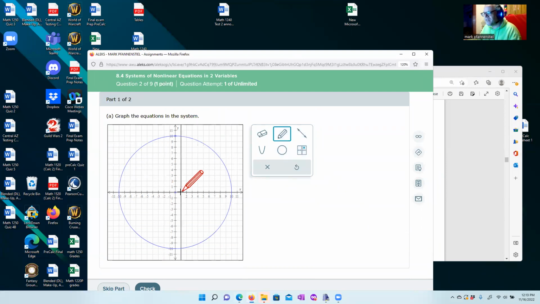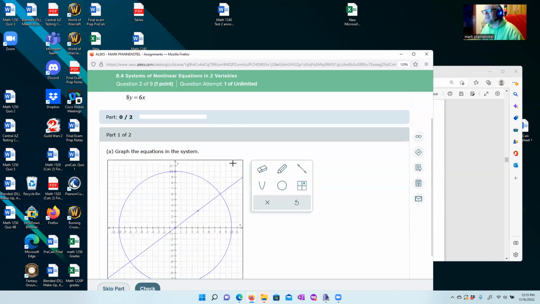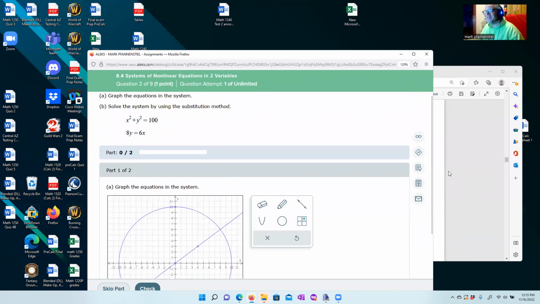We have 0, 0, and when x is equal to 4, y is 1, 2, 3. I can use my line tool here and plot this one. That's going to be my equation there. So we go ahead and solve this thing.